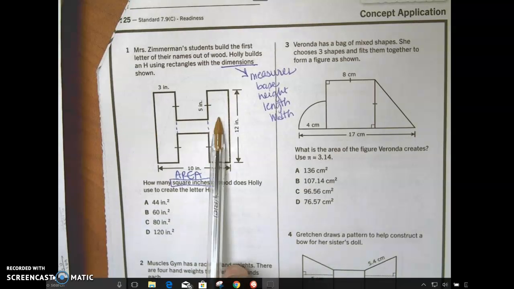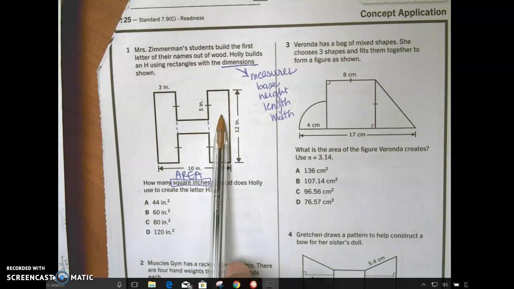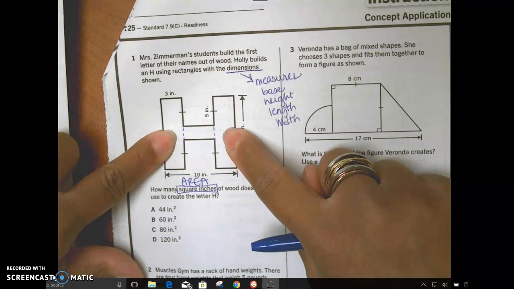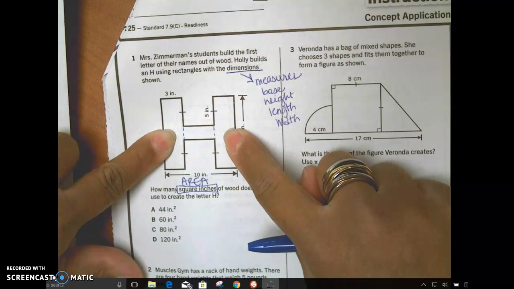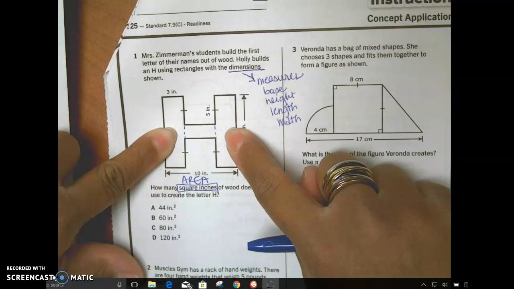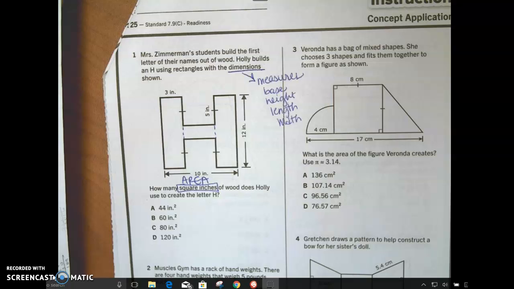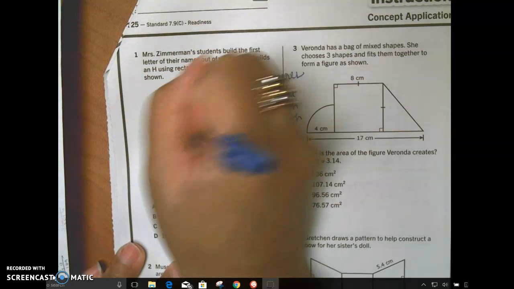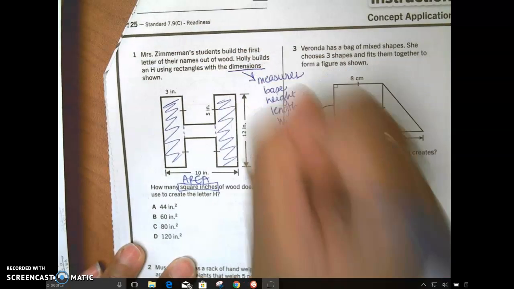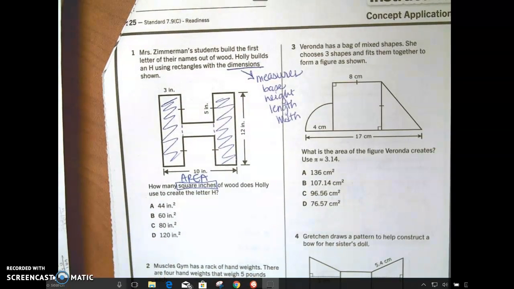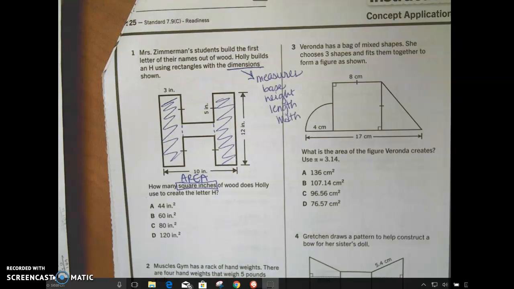These two are the H. This rectangle here and this rectangle here are what? Are they related? How? They're the same. Thank you. These two are the same.